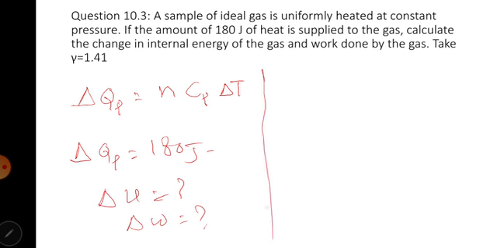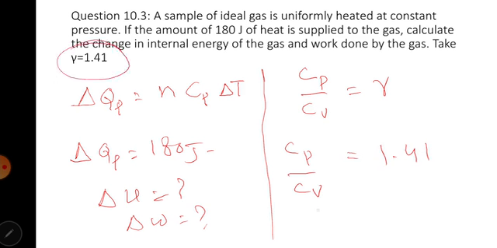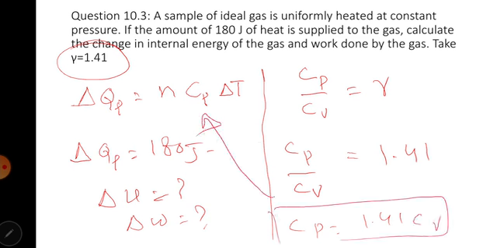Now del Qp is equal to nCp del T. We know that Cp divided by Cv is equal to gamma, and Cp divided by Cv is equal to 1.41. This is given. So Cp is equal to 1.41 Cv. Put this value in this equation.